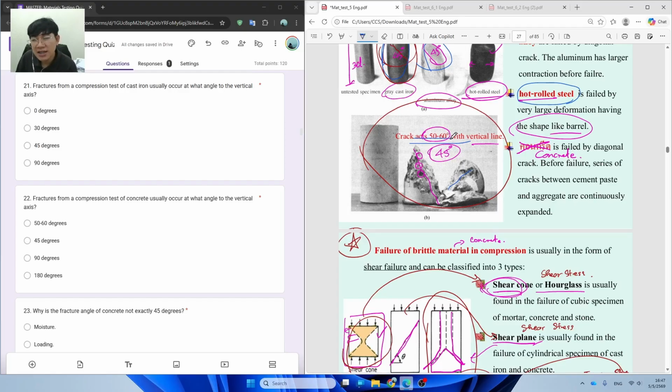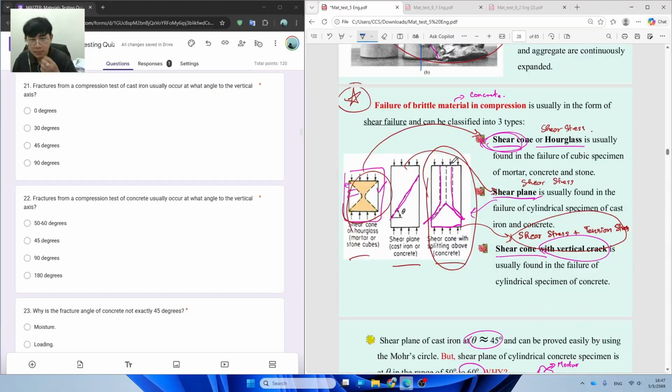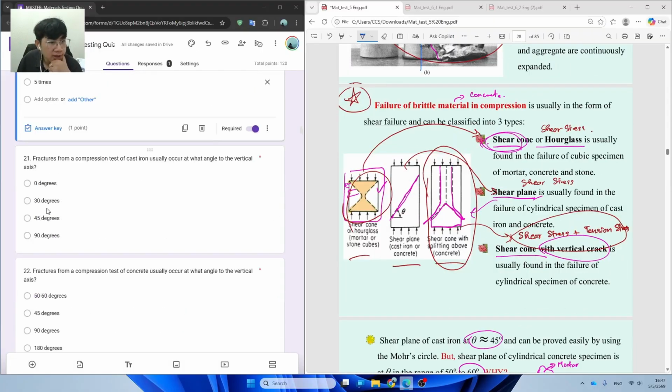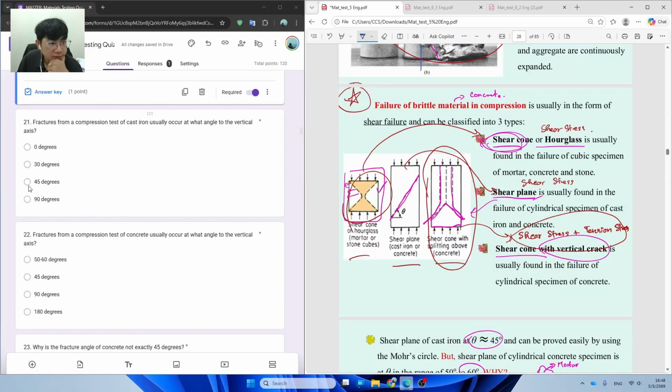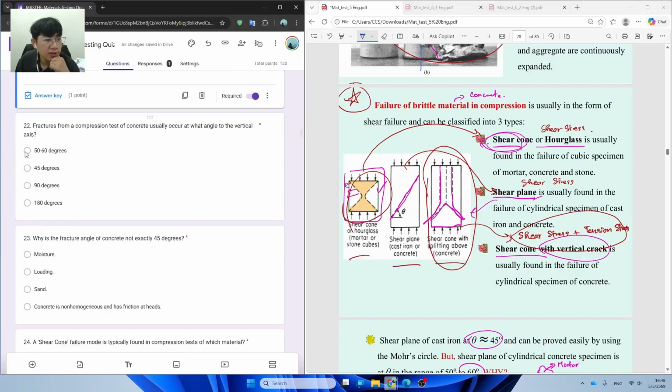So normally it fails at about 50 to 60 degrees to the vertical line like this. So this one we can just answer as 45, and for the concrete it's 50 to 60.